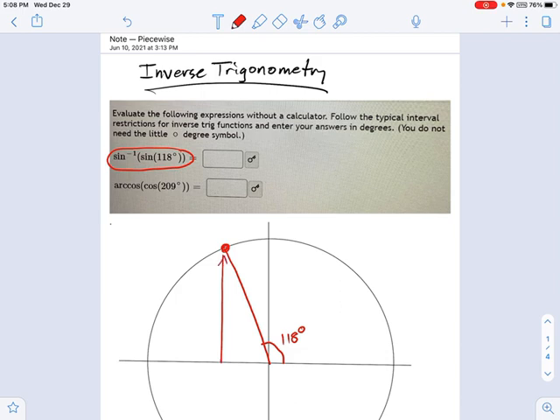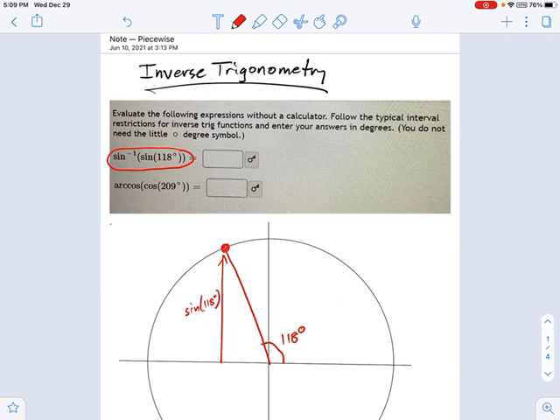Geometrically, it's represented this way. Sine of 118 degrees, okay, there it is. It's the y-coordinate. Now, I don't know what the y-coordinate is. It's going to be some crazy decimal, like 0.9 or something. Okay? It's not important. We're asked to figure out what the inverse sine of that y-coordinate is.